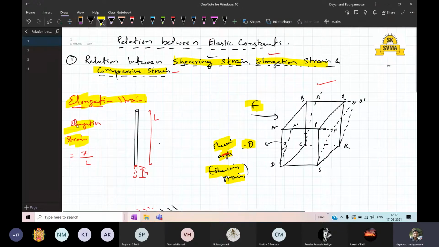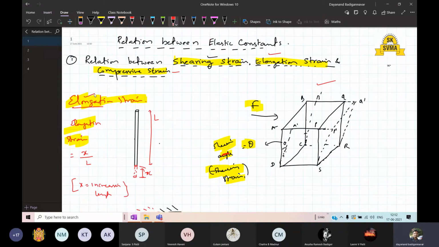It is the ratio of change in length to the original length. What is the change in length that has taken place? The change in length is X. But here X is an increase in length. So whenever there is an increase in the length, it is called elongation strain. Keep in mind, length is increased.